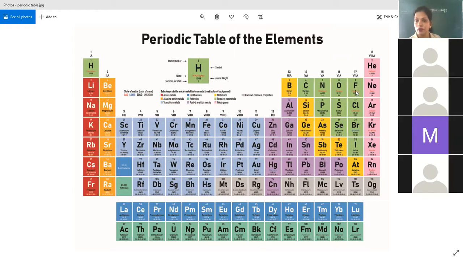Once again, fluorine is very small, which means it is highly electron dense, so the coming electron experiences a repulsion also. But in the case of chlorine, chlorine can easily attract that coming electron because its size is a little bigger. So we can say the amount of energy released in the case of chlorine is greater than that of fluorine.